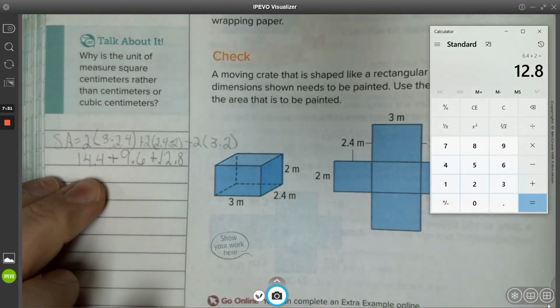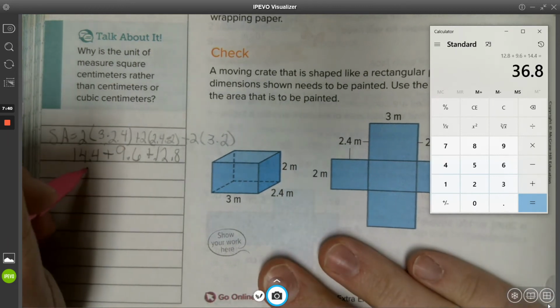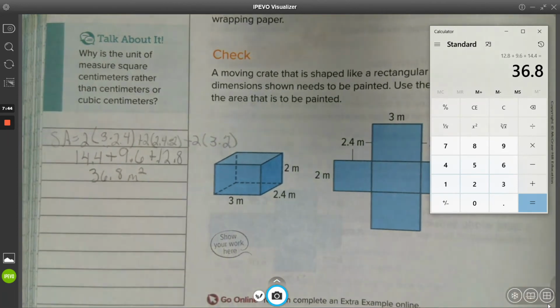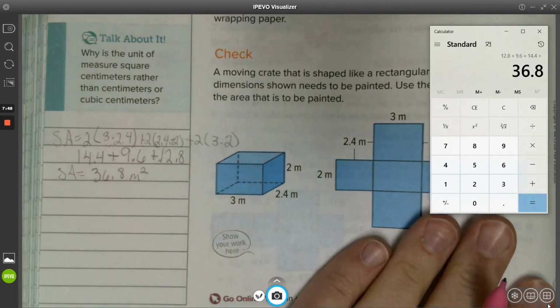Then we add them all together. 12.8 plus 9.6 plus 14.4. So our total surface area here would be 36.8 meters squared. And that would give us our surface area.